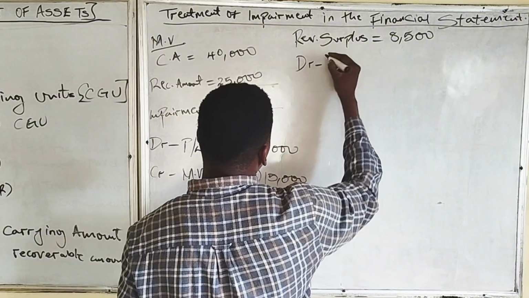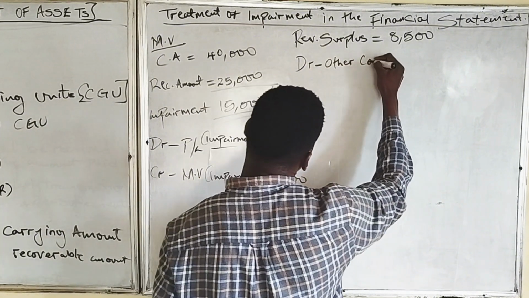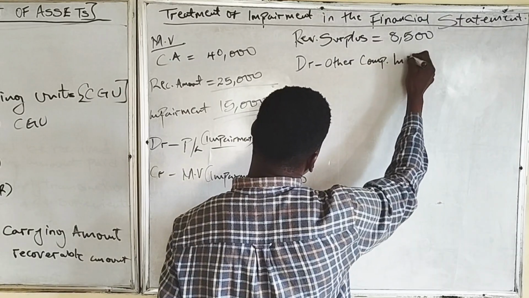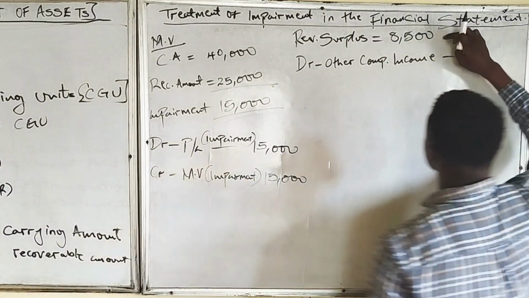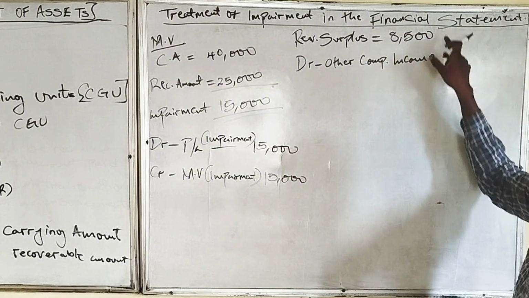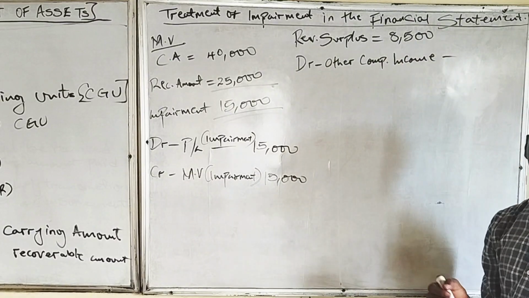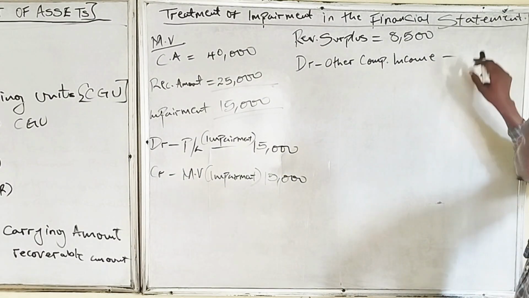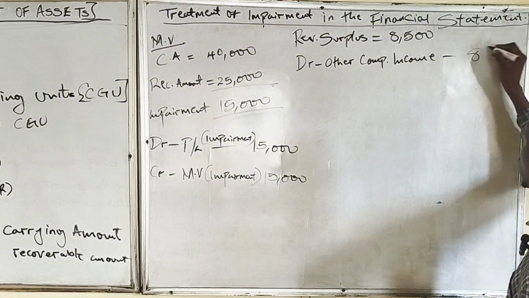Or we can just say we'll debit other comprehensive income with what was previously revalued. The revalued amount as at last year was just 8,500. We cannot charge the whole 15,000 against 8,500. What we can charge is only 8,500.